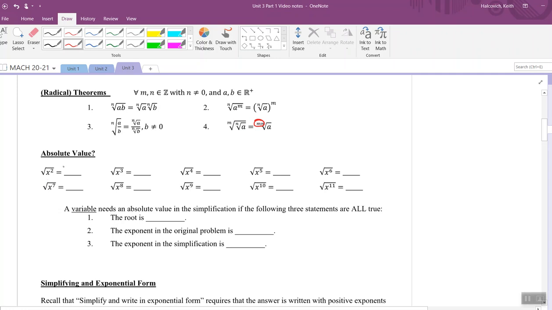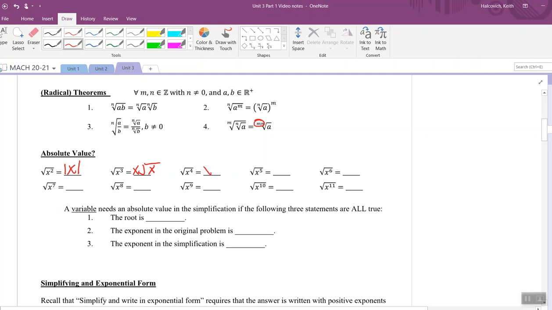Well, the square root of x squared is the absolute value of x. Square root of x to the third, that's x rad x. Think about it this way, because it's a square root, you divide the exponent by 2, and how many times it goes in evenly, that's the power of x that you take out.